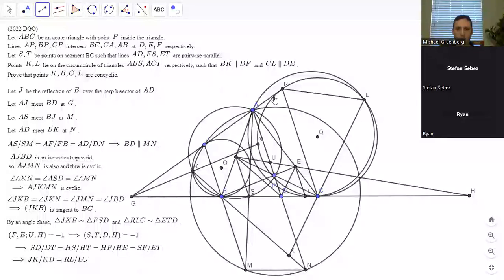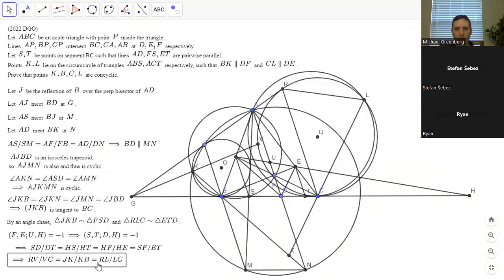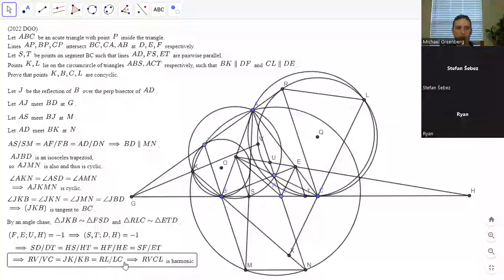So then we do have a homothety. So RV over VC equals JK over KB equals RL over LC. That implies that RVCL is harmonic. So I guess we can skip the trig Ceva just by doing this, right?